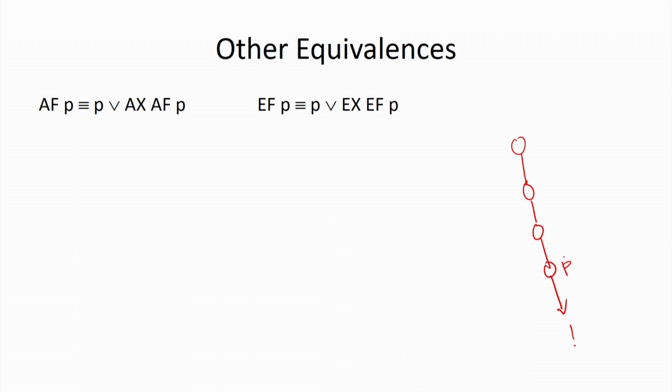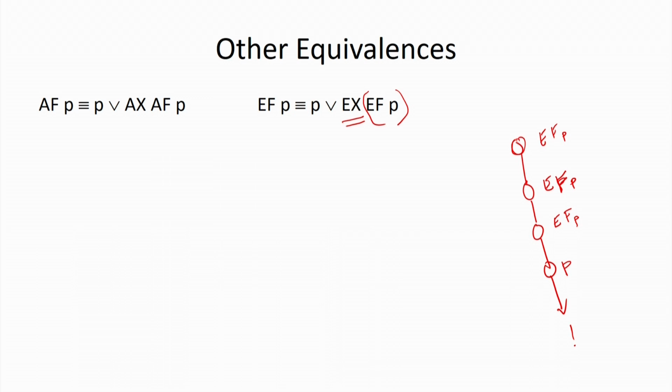If P is true, then I can say that EFP is true over here, because in the future I am going to get it, and finally I can say that EFP is true here. Now, if there exists a path such that EFP is true, then I can say that EFP is true over here.